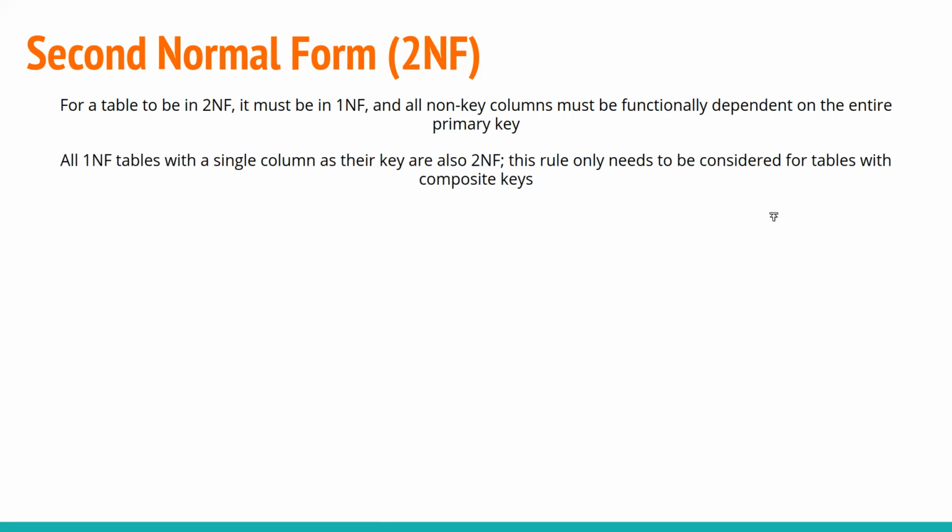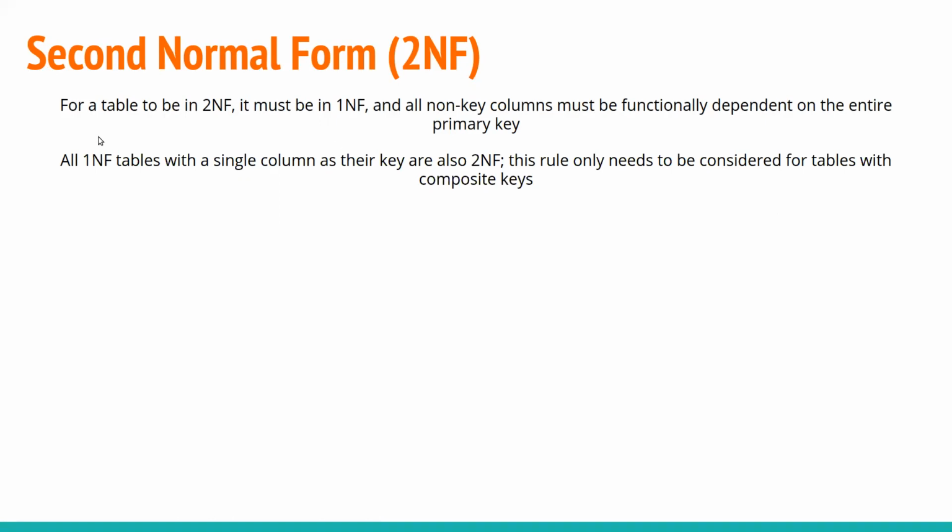So what makes this rule so easy is that any table, all of them, there are no exceptions, any table that is in first normal form and has one column in its primary key must be in second normal form.